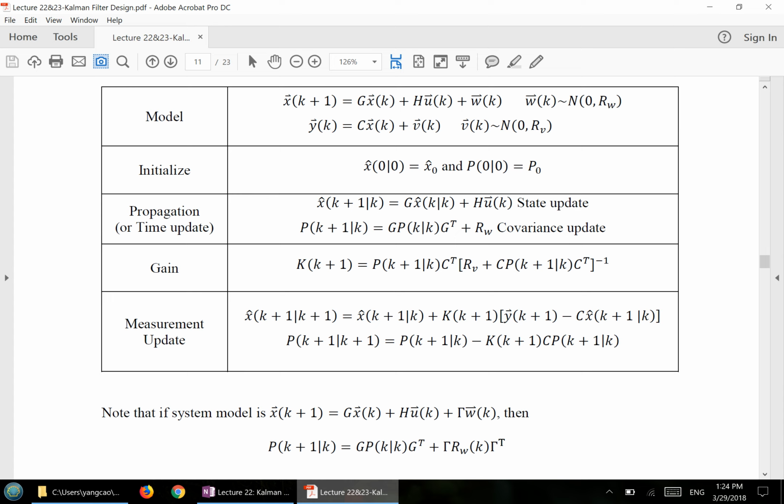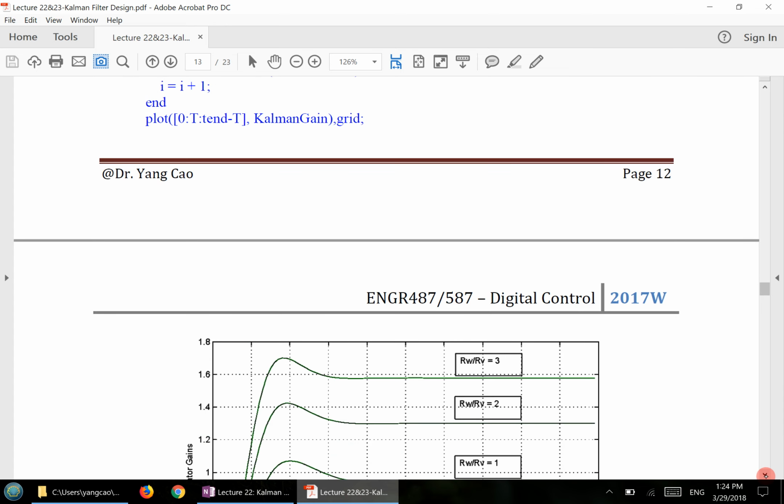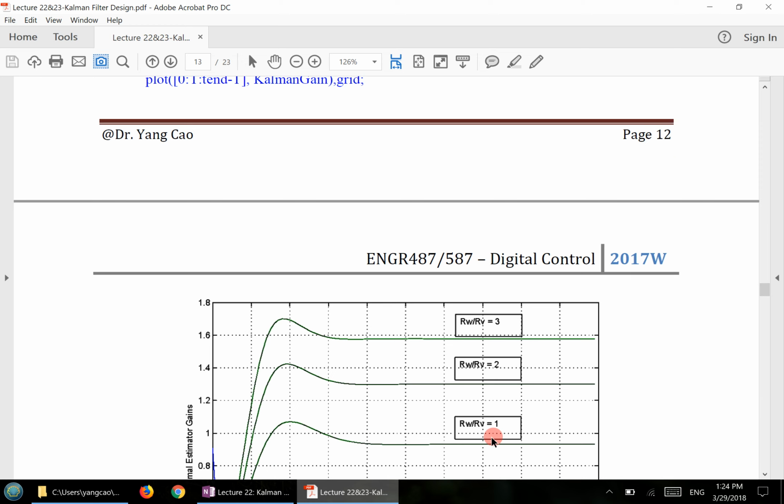If you look at the simulation results, as I just said, when this number is smaller, it refers to the situation when the sensor noise is big, meaning RV is big, and that means the ratio will be smaller.